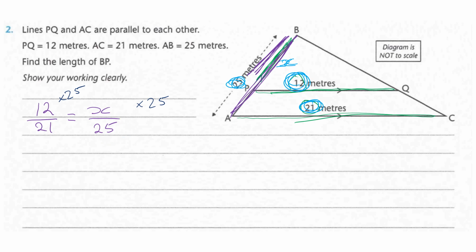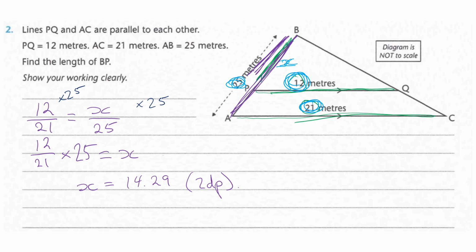So I'm going to have 12 over 21, times 25, is equal to x. I'm going to plug that into my calculator, and I find that x is equal to 14.29 to 2 decimal places.